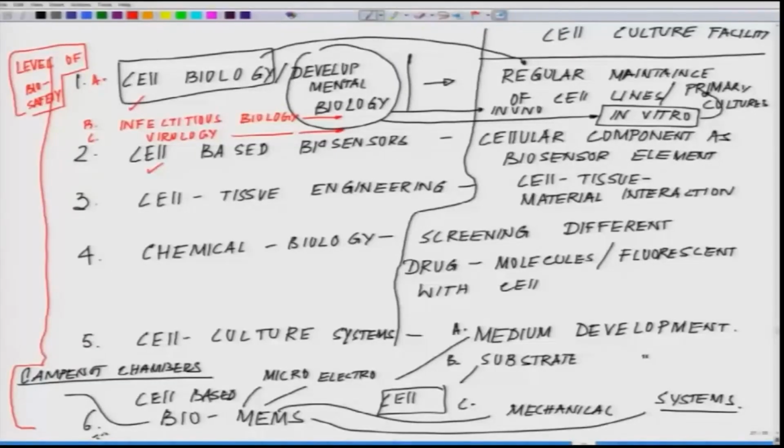Then comes another interesting aspect. Since we are living in an era of, so add up to that, in cell biology section and development biology section, are we working on transgenics? Does it involve DNA transfer? Are we working on knockouts? Are you working on RNAi?